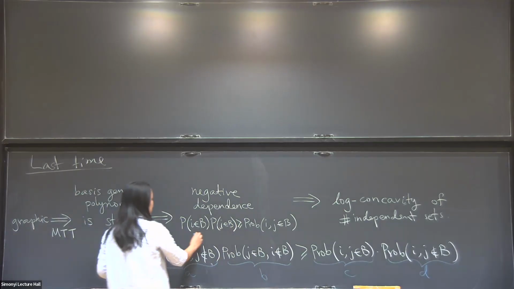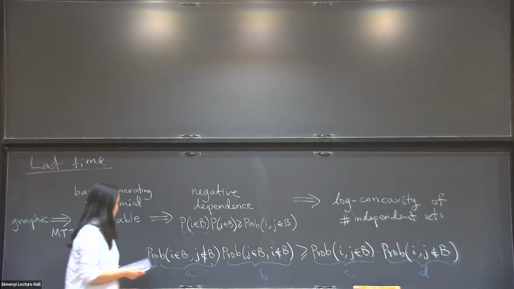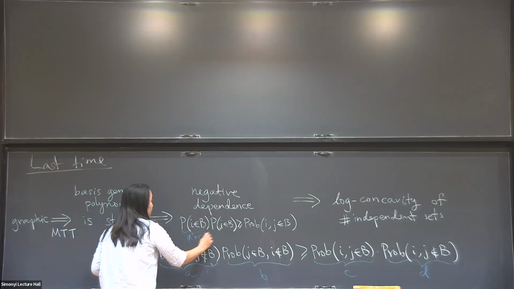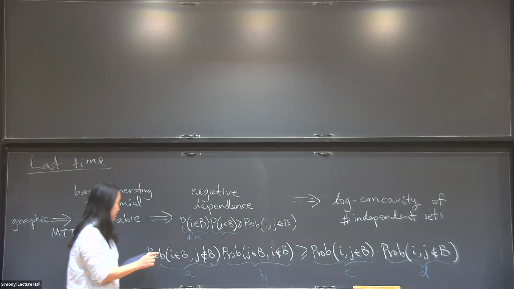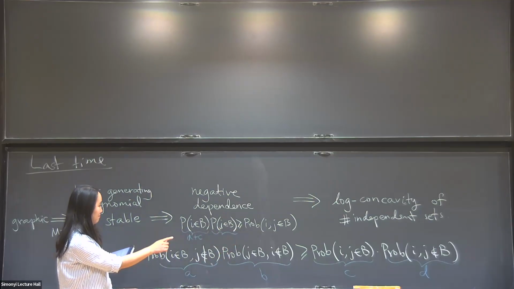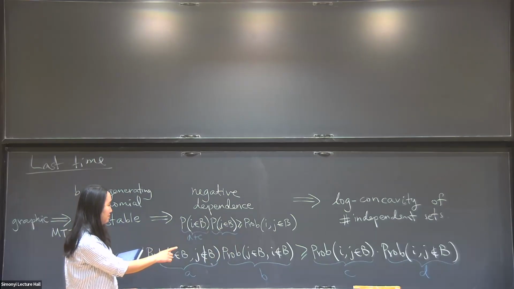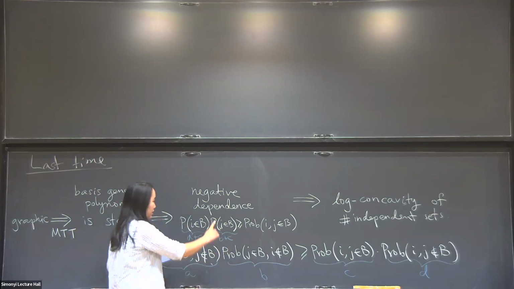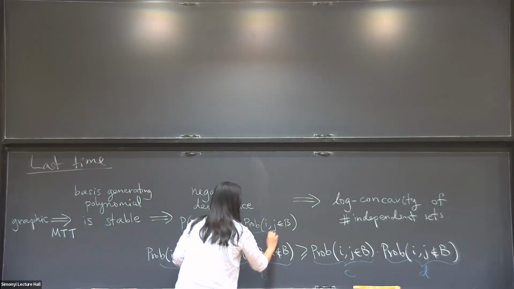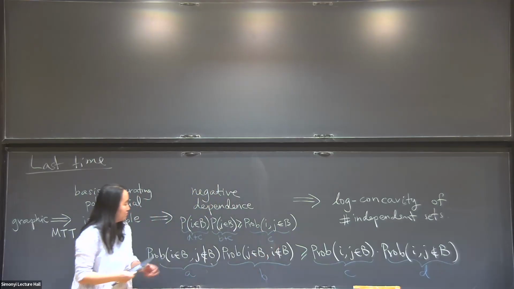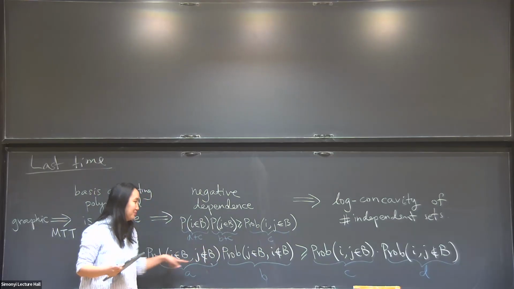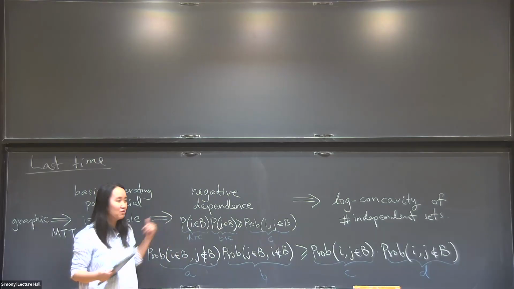This quantity is I in B, and J can either be in B or not in B, so this is A plus C. And this thing is J in B, and I is either in B or not in B. So hold on, is it B plus D? No, B plus C. And then both I and J in B, so this is C. Then you have to do some algebra to show that they are equivalent, also using the equation that A plus B plus C plus D is equal to 1. So these are equivalent.